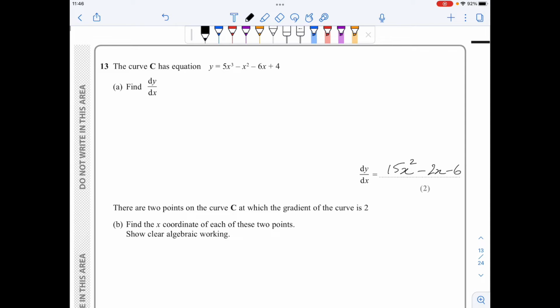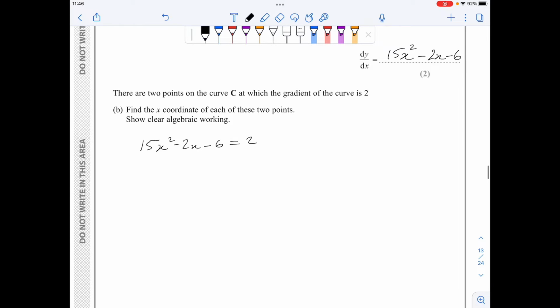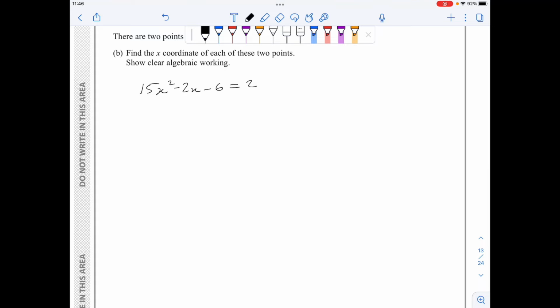Then for part B, I need to find the 2 points where the gradient is 0. I will set the value of dy/dx I found above to 0, and this is a quadratic equation that I need to solve. 15x squared minus 2x minus 8 is equal to 0. That's how we solve quadratic equations.